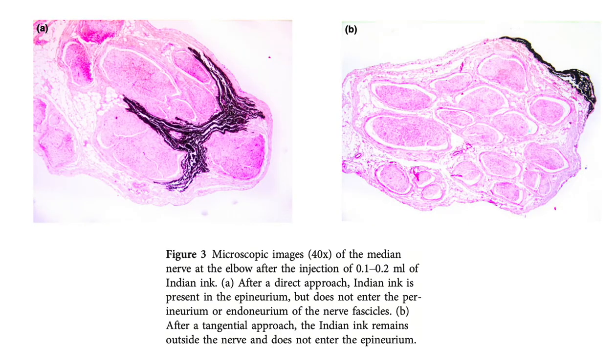This was highlighted in the histological studies of these cadavers. On the left is a direct technique, while on the right is a tangential technique. As you can see on the left with the direct perpendicular technique, the dye is actually stained into the epineurium compartment, whereas on the right, the dye remains outside of the nerve. But even here, you see that the needle doesn't penetrate the perineurium, and the fascicles are spared.